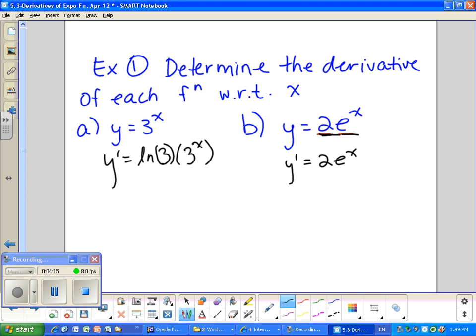So if you look at this being your first function and this being your second function, your y prime will be the derivative of the first. What's the derivative of 2? Times the second, we'll still say 0, plus the derivative of the second, which is e to the x, times the first, which is 2. And so you're going to end up with the same thing.